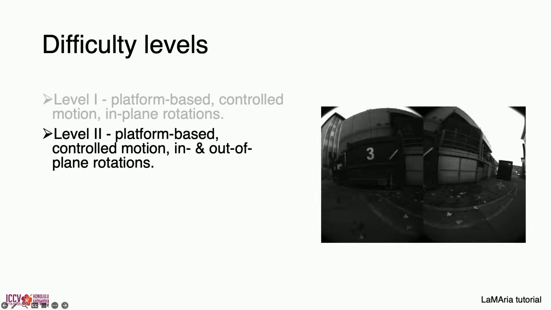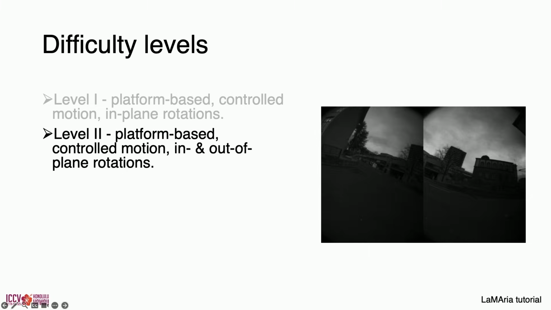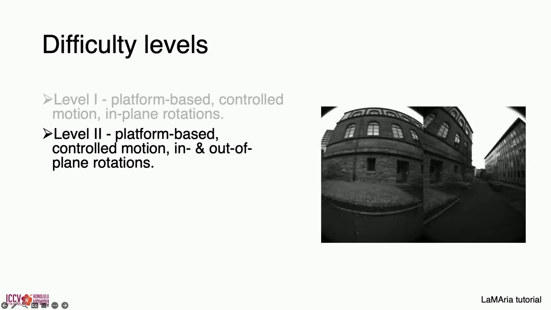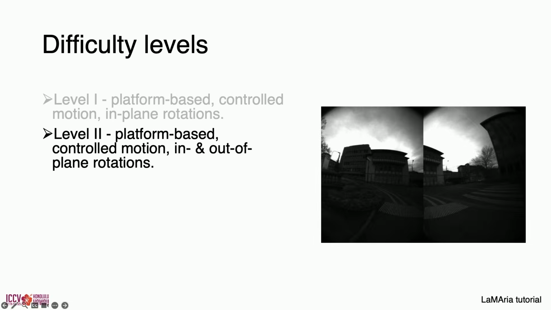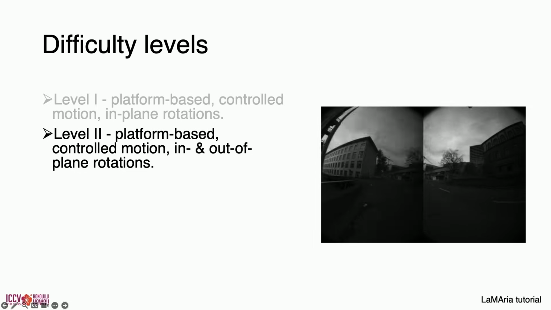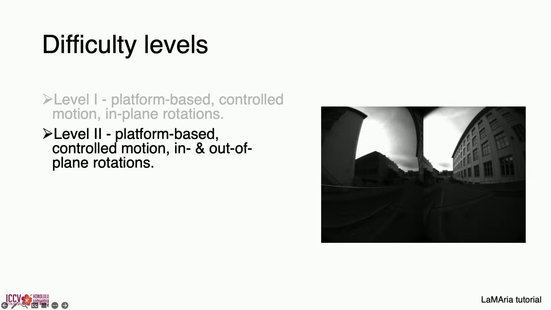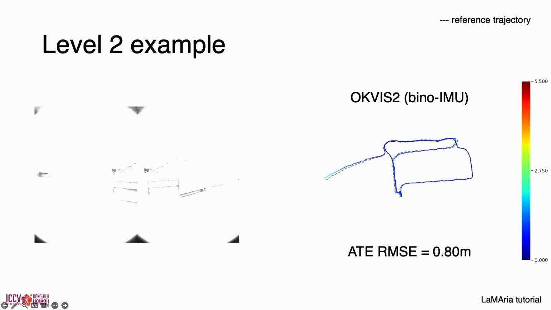Then level 2, what we do is we try to amp up the difficulty a little bit more. It's still platform-based, it's still controlled motions, but we also incorporate out-of-plane rotations over here. This is just a little trickier than level 1, again, to have some granularity in understanding where these baselines fail. And our errors also showcase this.